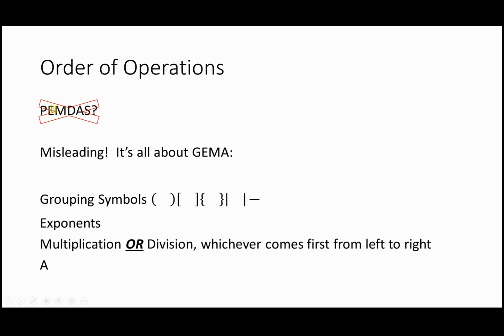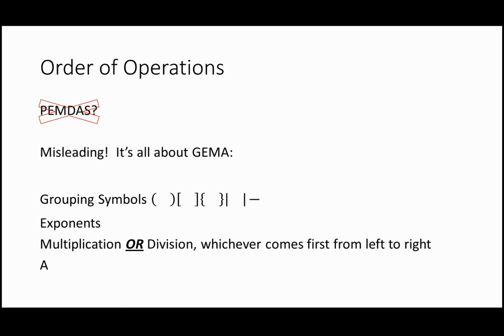Now, PEMDAS, on the other hand, has the M before the D, and so some folks think that that means that multiplication always needs to be simplified before division, but that's not the case. What's actually happening here in the order of operations agreement is that multiplication and division are on the same level in the hierarchy.